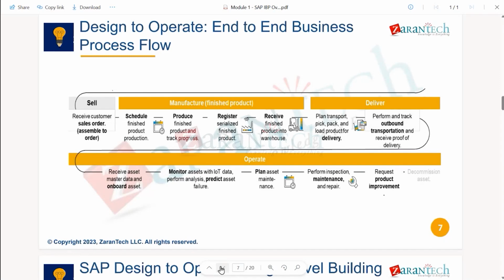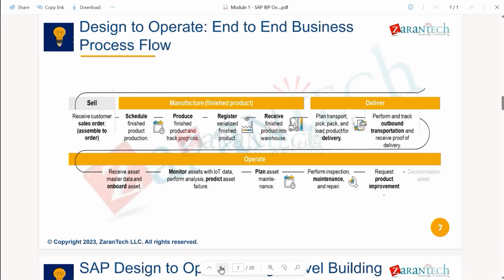Similarly, the design to operate end-to-end business process flow talks about receiving the customer sales order, then producing the goods, then delivering the goods as per the customer requirement, and operating, for example, receive assets, master data, onboard assets.